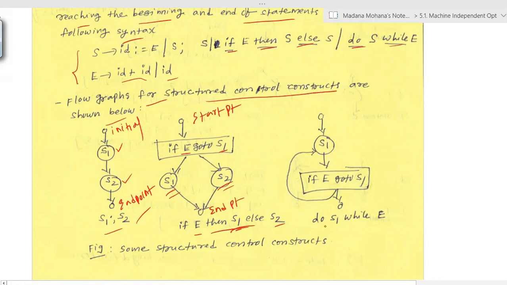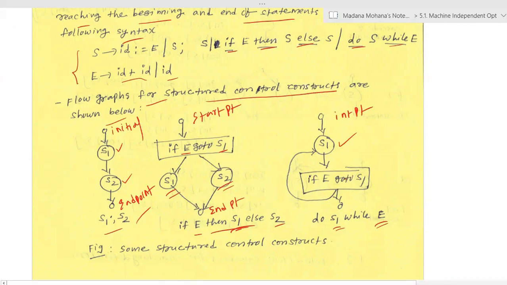Then for do while: do statement 1 while expression. Now this is the flow graph structure. First, you start statement 1 with the initial point, then the condition. But we can't use while directly in three address code.